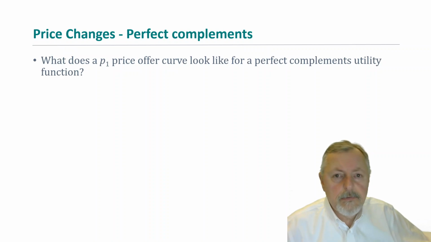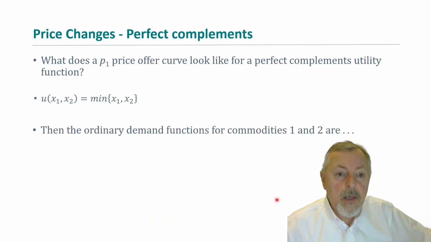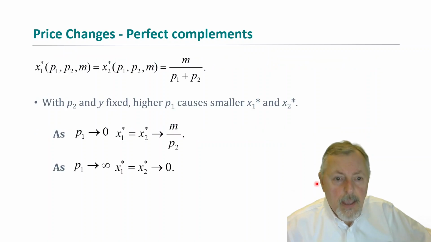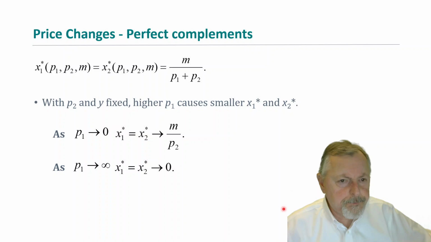Now let's look at the price offer curve for perfect complements. Perfect complements have this utility function, and the demand functions are this. The quantity demanded of thing 1 and thing 2 will be the same: your income divided by the sum of the prices.